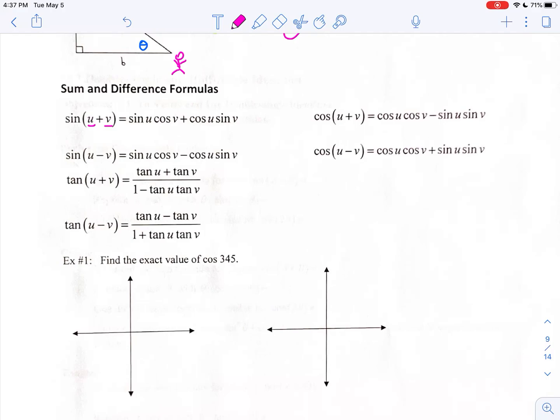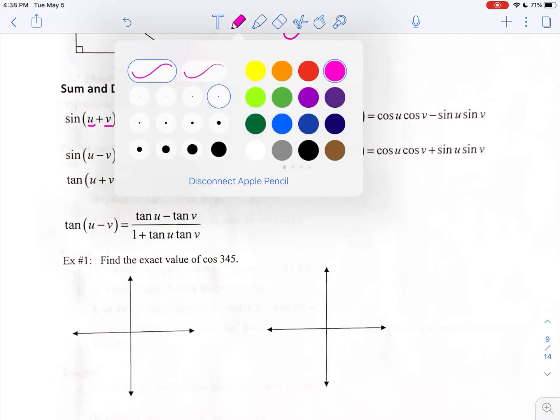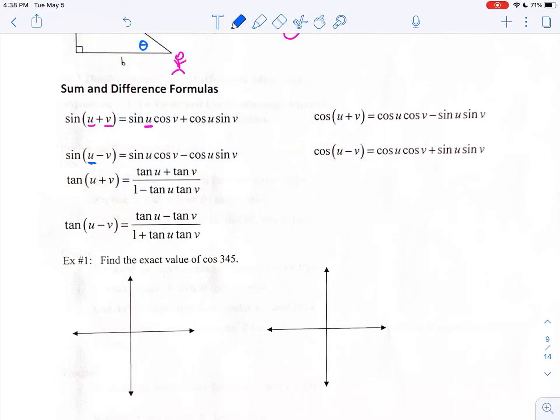As you're plugging it in, you just want to make sure that you stay consistent with the order that you have on the left. This matters when the values of u and v are not commutative, such as the difference u minus v. Whatever you define first as u must be in the same spot as the u's on the right side of your equation.